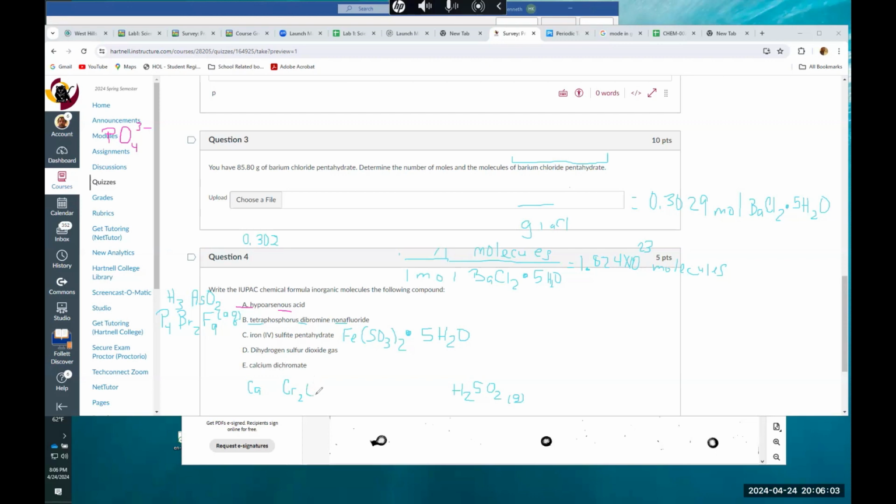That's right. And we know that has what charge? -2. Let me remember what calcium is. It's a 2. So it's already balanced. All I have to do is put it together. So we'll get rid of the charges, and then we'll just pull it together.